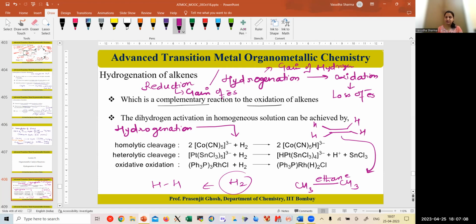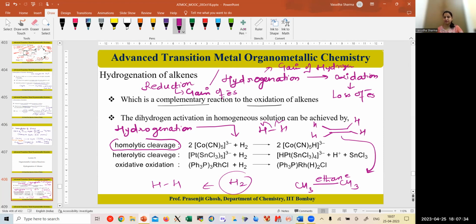And dihydrogen activation can happen in three ways. Firstly, homolytic cleavage, in which the bond cleaves in a homolytic fashion. Both components would have the hydrogen in a similar manner, with equal contribution of the electrons.